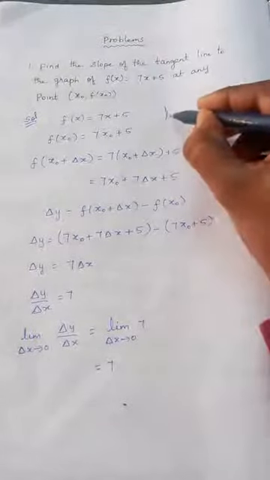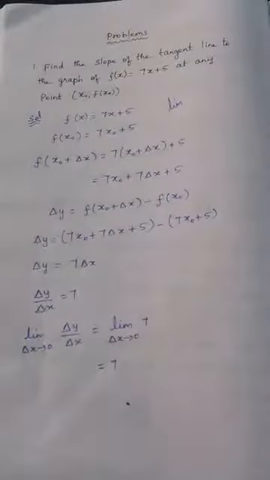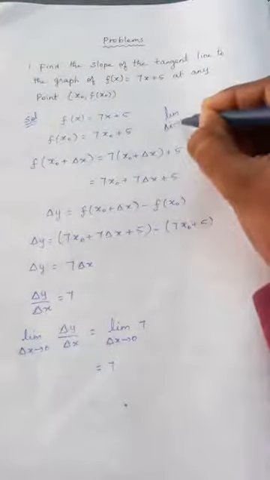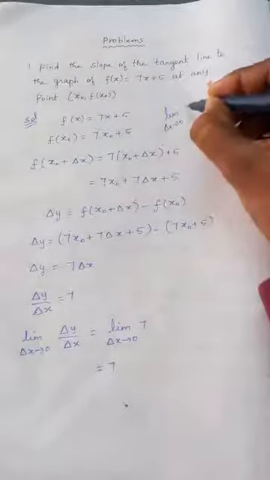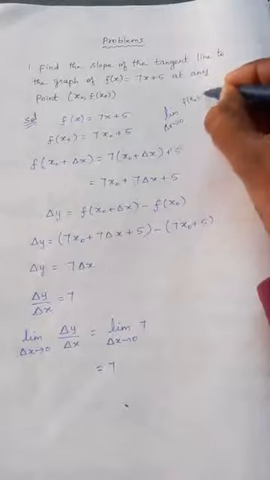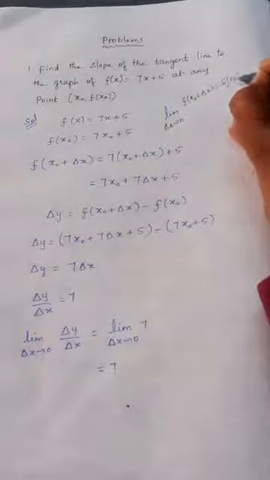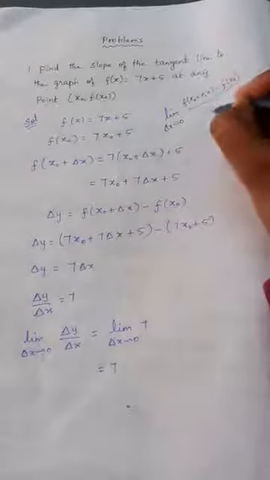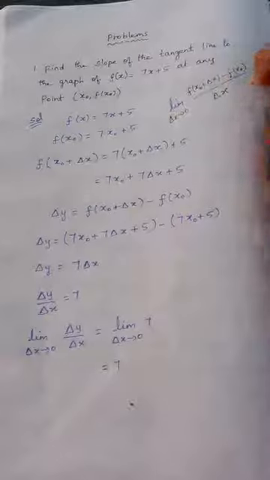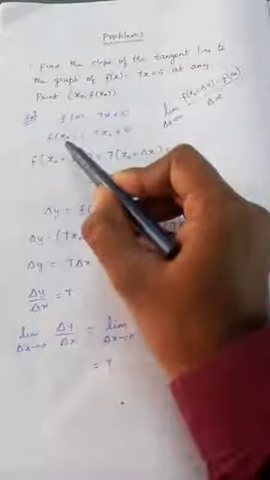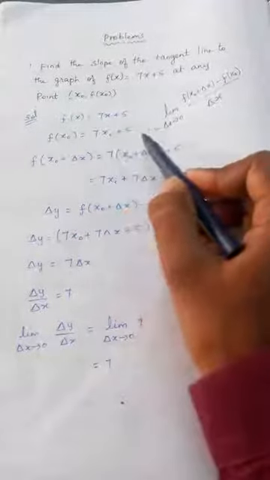The formula is limit delta x goes to 0, f of x0 plus delta x minus f of x0 divided by delta x. So actually this is the formula for calculating the slope of the tangent line. That is why we are interested in finding f of x0, which is 7x0 plus 5.